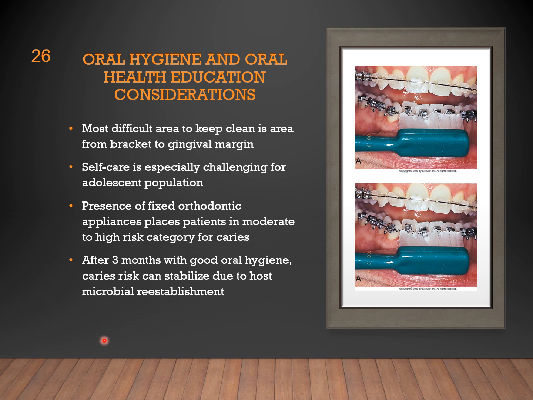A lot of this, and that's why we really look with the adolescent population, they are sometimes notorious for not keeping their teeth as clean as they should, and we really encourage parents to follow up with them as well. We might even send home a disclosing agent with them. So oral hygiene is something that we're always going to look at and also document about that patient and how their oral hygiene is doing and what kind of recommendations we've made for them.